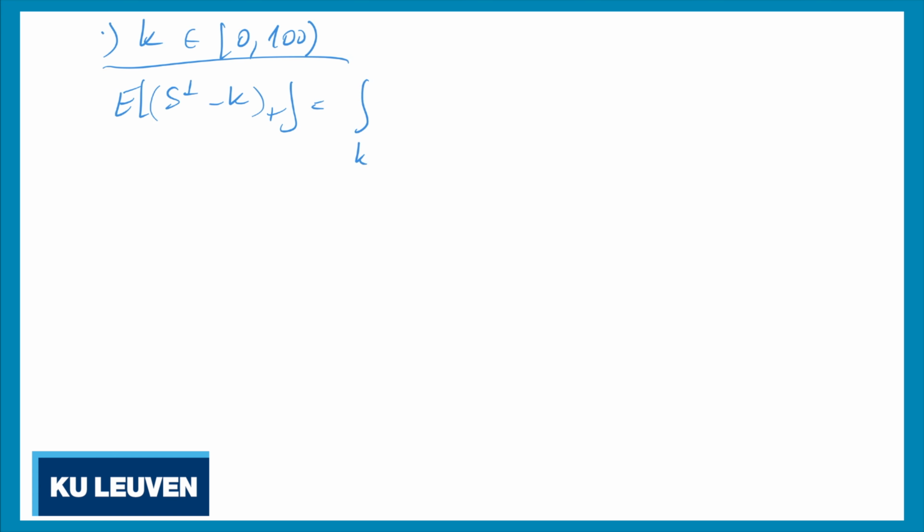Finally, assume that k is in (0, 100), in this interval. In this case, our stop-loss premium is equal to, we integrate from k to 200, 1 minus the CDF. But now we split our integral.